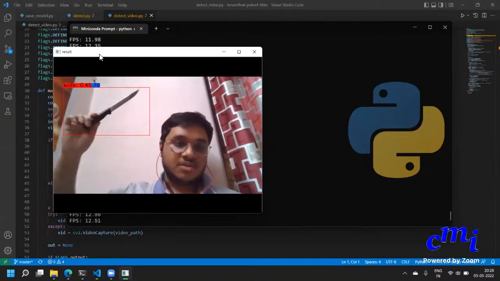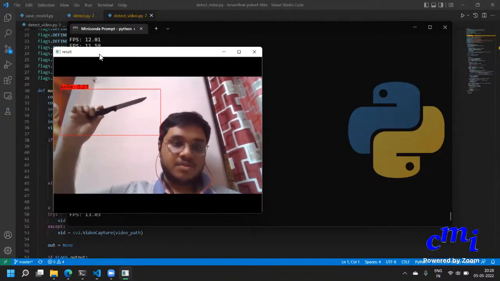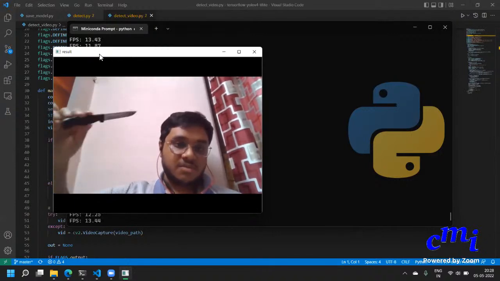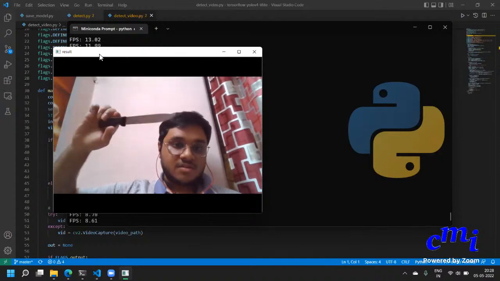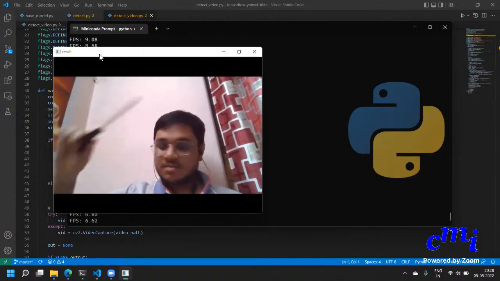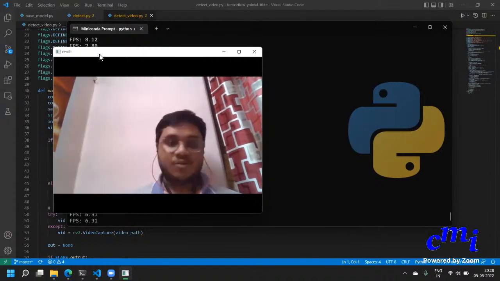I also have this knife which it is able to detect. There are slight problems with it, I think. And I also have this toy pistol.